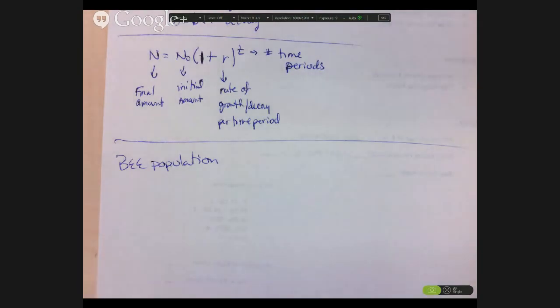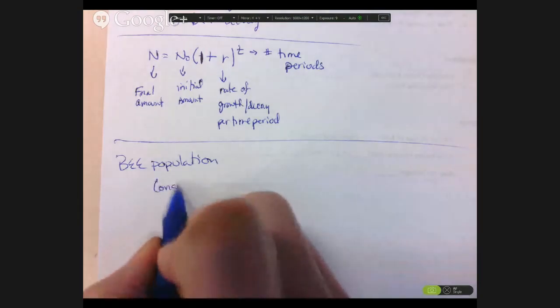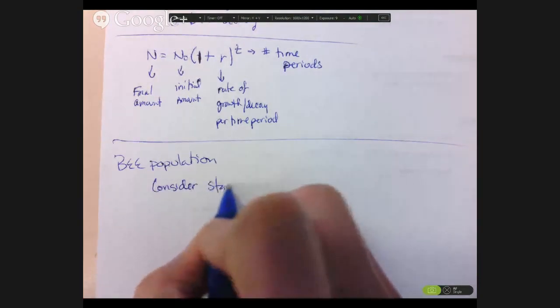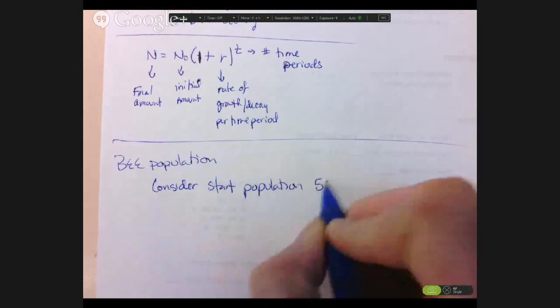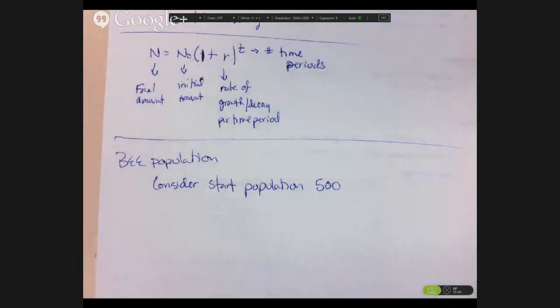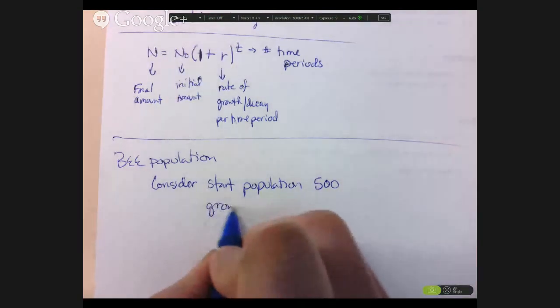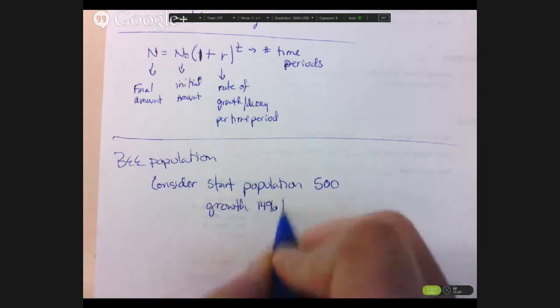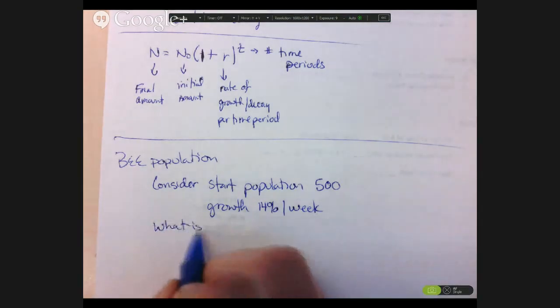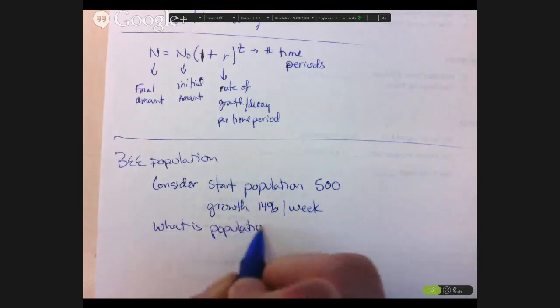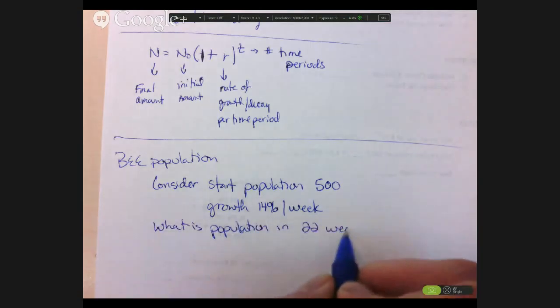We're going to consider that the starting population is 500, and a growth of 14% a week. What is the population in 22 weeks?